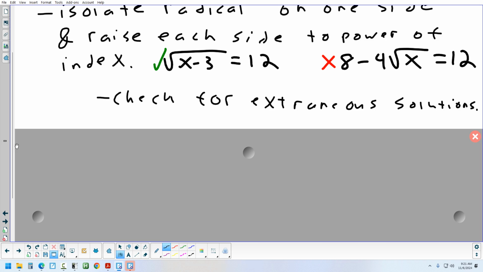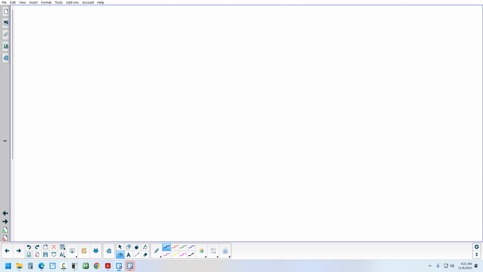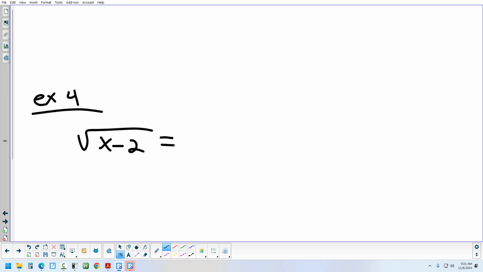That'll be it. So we're on example 4. Okay, so solve algebraically, but I am going to make up a different question. All right, so let's start out with something like this. Square root of x minus 2 equals 5.